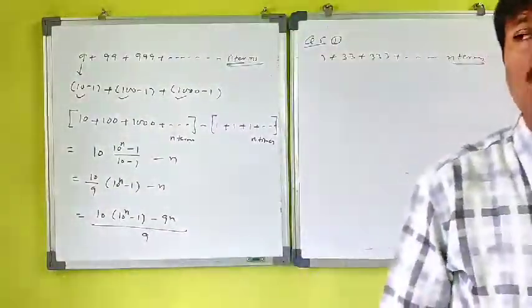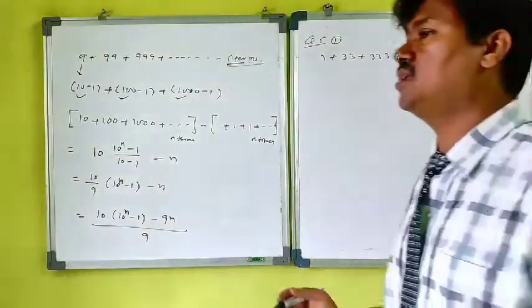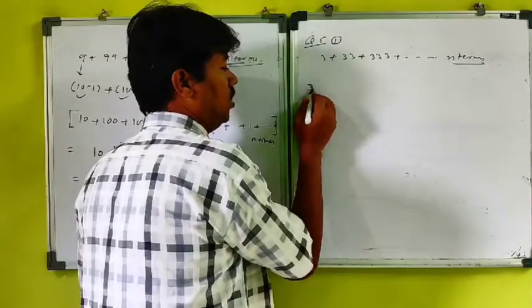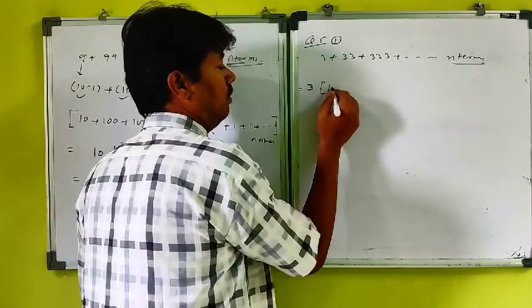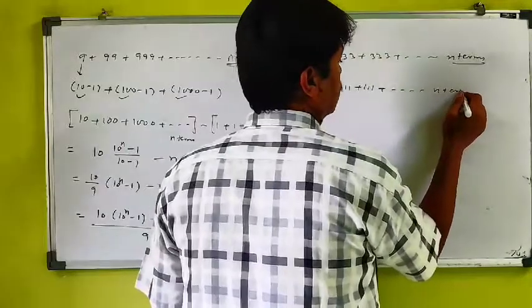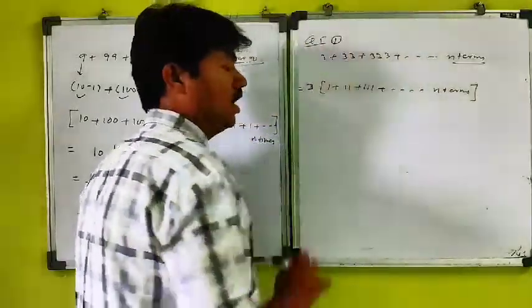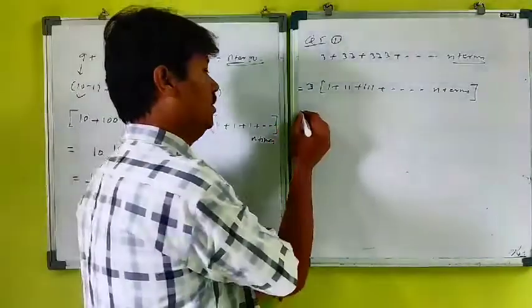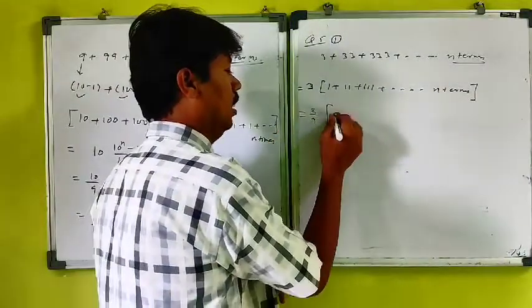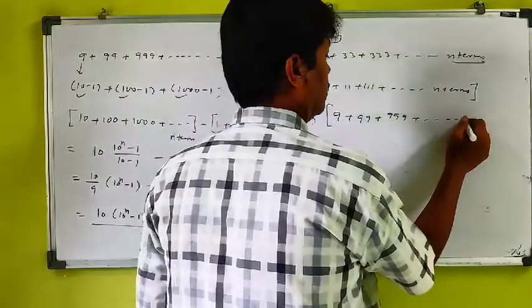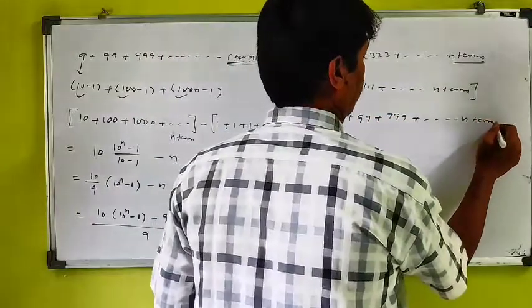So what to do in that? The question is very simple. So we will take 3 common in this. If you take 3 common, what will this be? 1, 11, 111, like this, n terms will be there. 3 is taken as common. Divide by 9, multiply by 9. So this becomes 3 upon 9 times 9, 99, 999, like this, n terms.